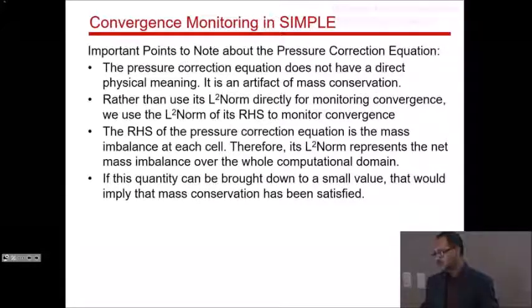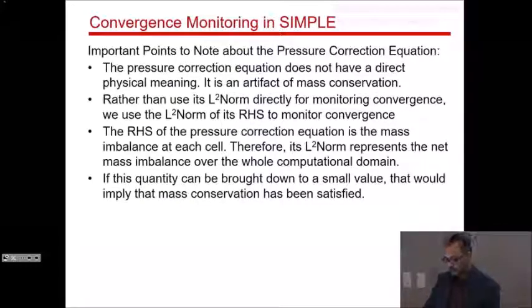So rather than use its L-squared norm directly for monitoring convergence, we use the L-squared norm of the right-hand side to monitor convergence. Why? Because the right-hand side is mass imbalance, right? So instead of using the whole pressure correction equation, if I just take the right-hand side and calculate the L-squared norm of that, that simply indicates how much mass error I have in the system, mass imbalance error.